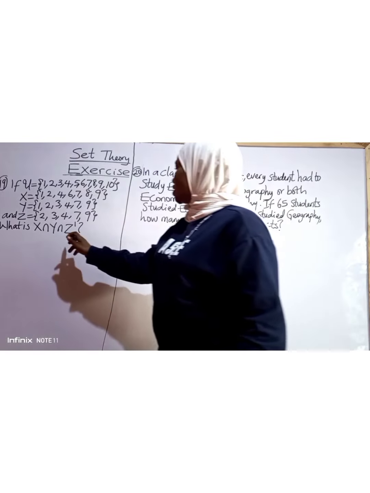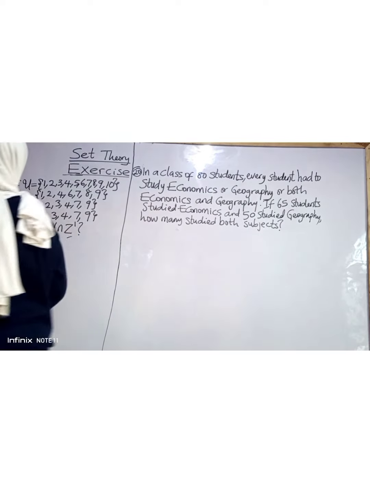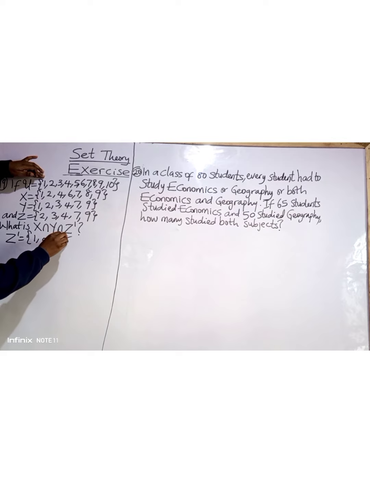So here we need Z prime. So let's quickly find Z prime. It will be all the elements that are in the universal set that are not in Z. So 1, 5, 6, 8, and 10.